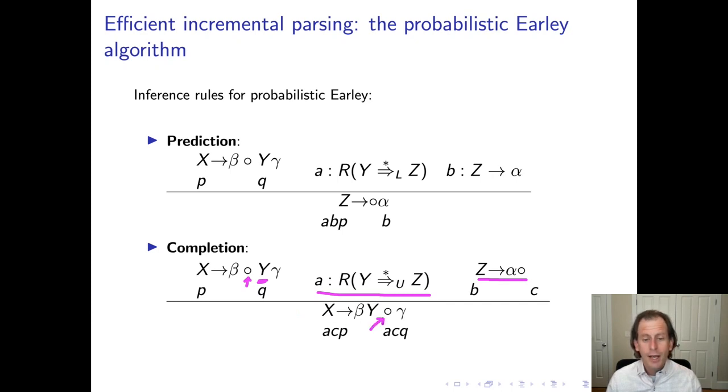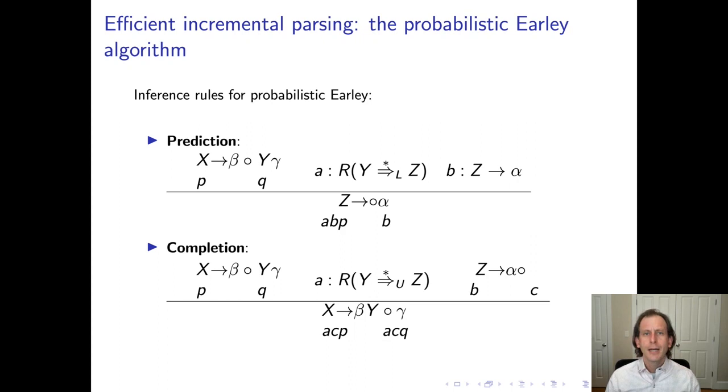I've now completed Y, and I multiply the unary rewrite probability with the inside probability of the completed goal, and I multiply the forward and inside probability of the X of this first state, and I get the new forward and inside probabilities for the resulting state.